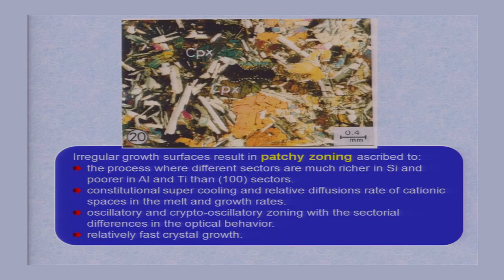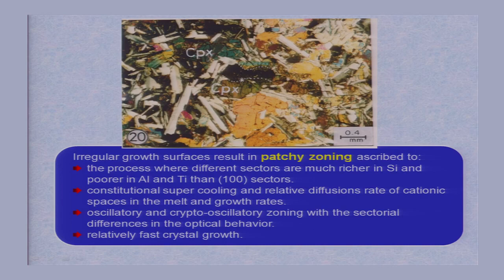This is the implication: constitutional supercooling and the relative diffusion rate of cationic species in the melt and growth rates. This is a second possible reason for the formation of irregular growth surfaces. Oscillatory and crypto-oscillatory zoning is also because of the difference in the optical behavior.